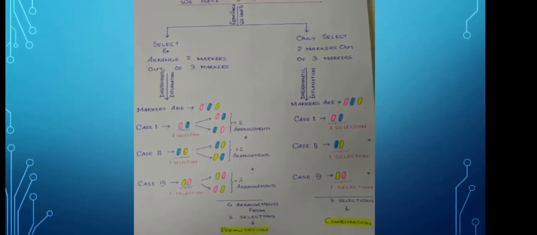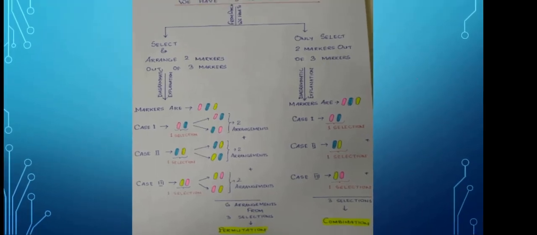Again in case 2, selection and arrangements. Again in the third case, selection and arrangements. So two arrangements plus two arrangements plus two arrangements, in total I am getting 6 arrangements, out of 3 selections. That means 6 arrangements are done from 3 selections, and this gives rise to the concept of permutation.